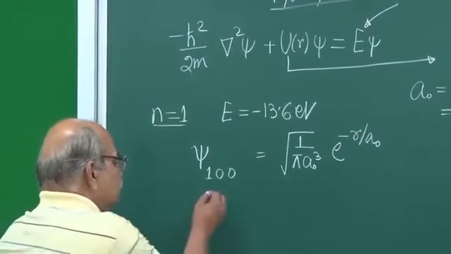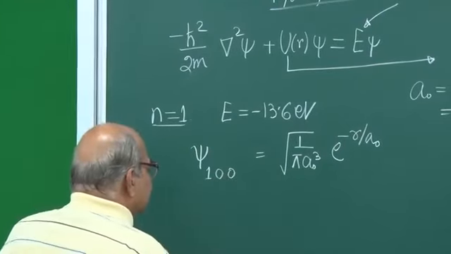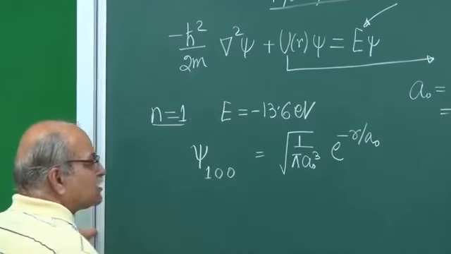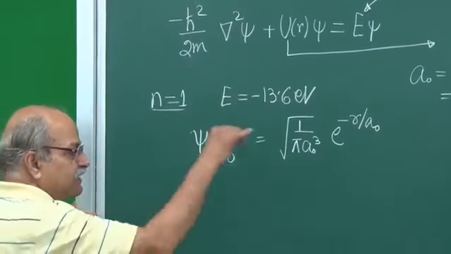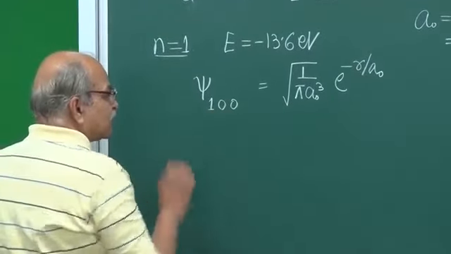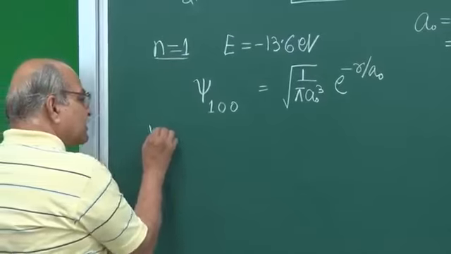Now these three digits that I have written here are in fact three parameters in terms of which these wave functions are described. I will tell what those parameters are, but let us first go for n is equal to 2.